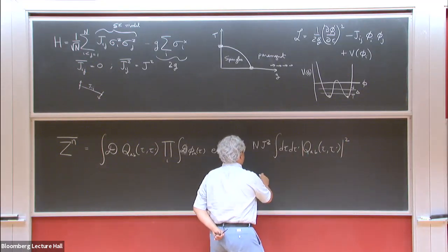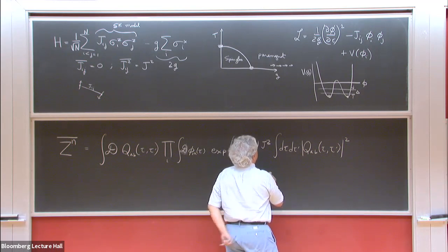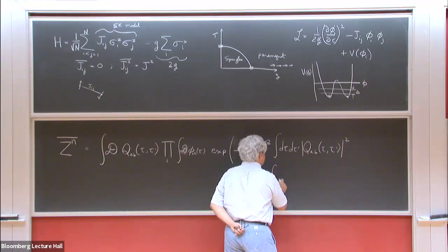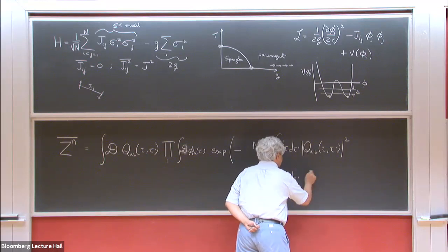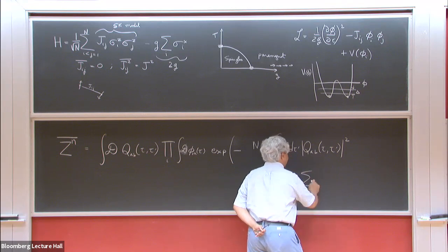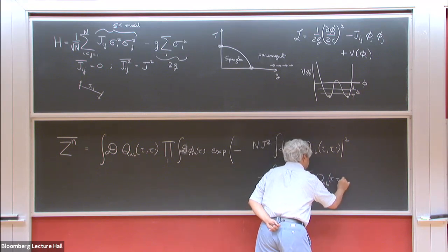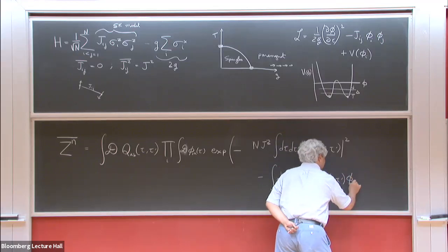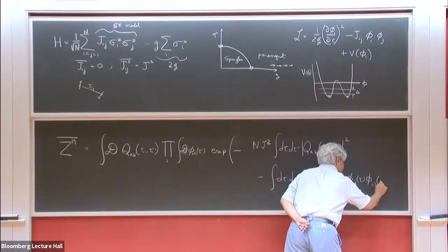And then you're going to have minus a term that couples these together, the integral d tau prime, sum over i, Q_AB of tau prime, phi_iA of tau, phi_iB of tau prime.